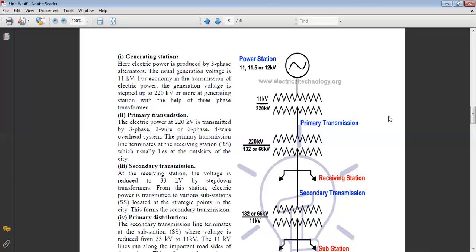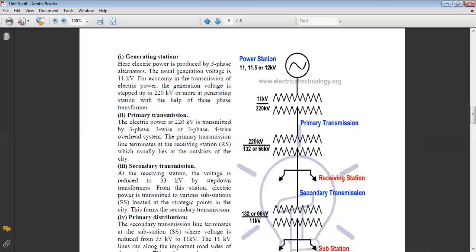The primary transmission line terminates at the receiving station, which usually lies on the outskirts of the city. Clear? After generation, this part is known as primary transmission because from the generating station it comes to the outskirts of the city, where it is stepped down.